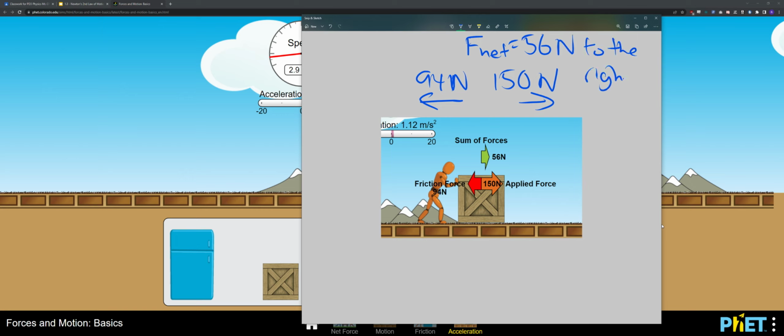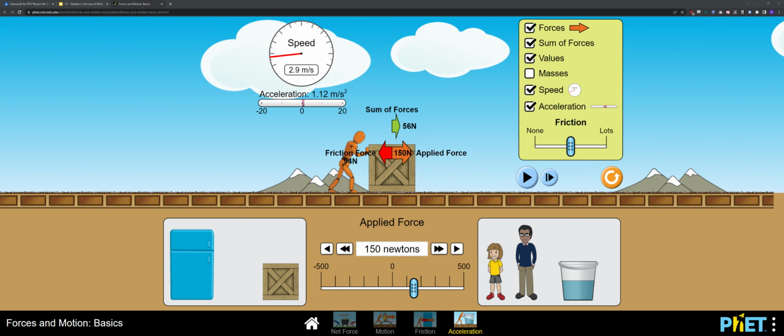Again, these are unbalanced forces. Your F net is not 0. Well, what happens when your forces are not 0? What happens when your forces are unbalanced?